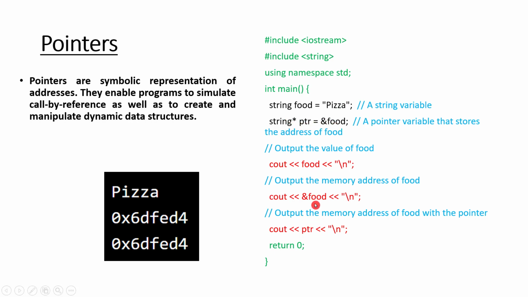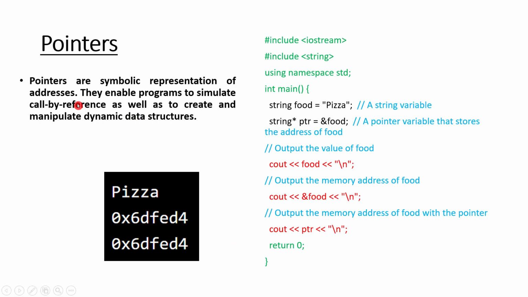So this &food is the memory address, so the memory address will be given here. So we have defined ptr as the address of food, that is the computer address of this corresponding memory location. So this will be printed. So now we got the address.